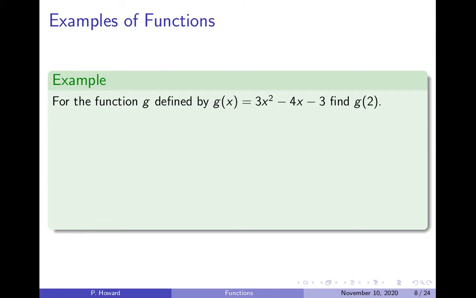Okay, we'll try this example. So g is the function defined by the equation g of x is 3x squared minus 4x minus 3, and I want to find g of 2. So this is a fairly easy thing to do. We're simply going to replace every occurrence of x in the formula for g by 2 in parentheses.